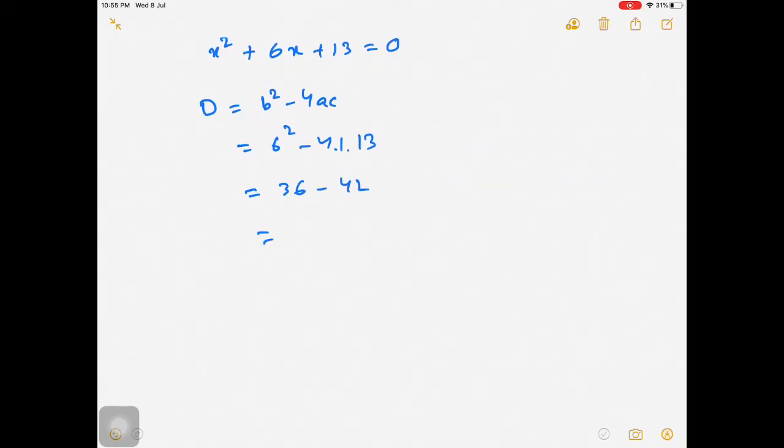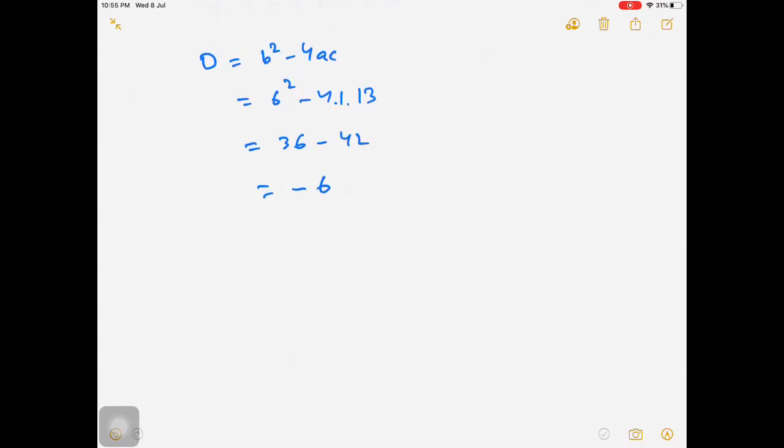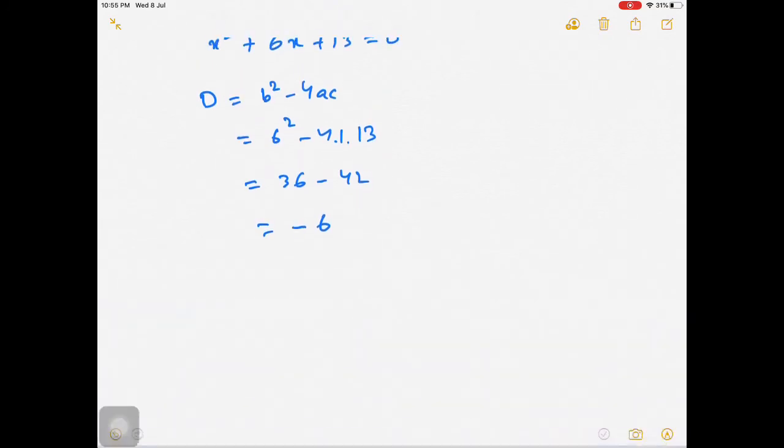So 36 minus 52 gives minus 16. So here we have the value of D as less than 0, and that shows that the roots will be non-real.